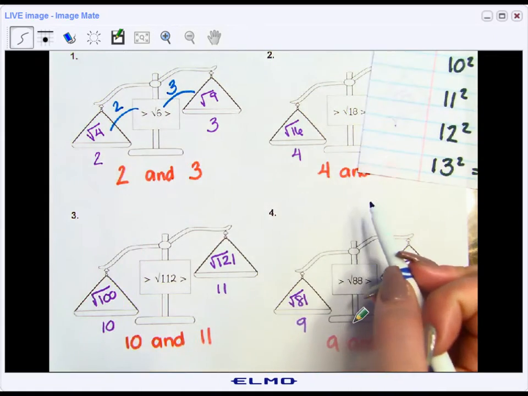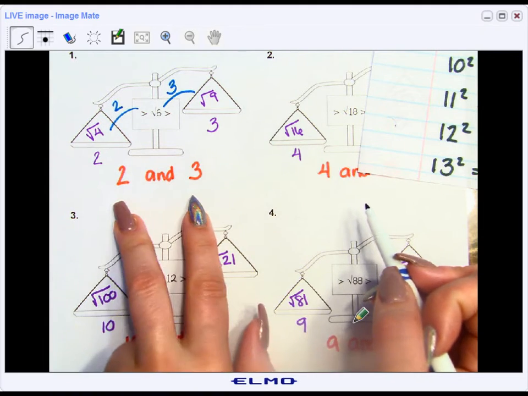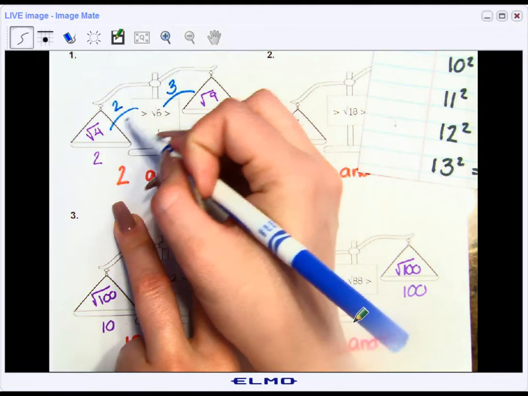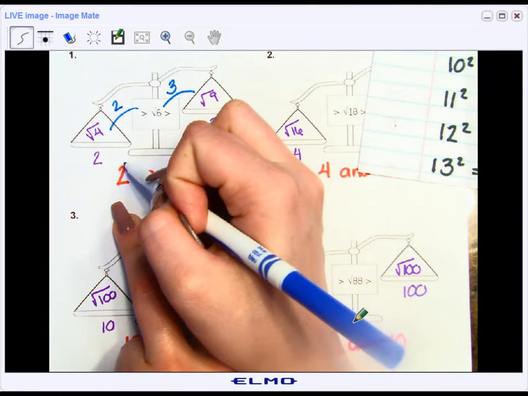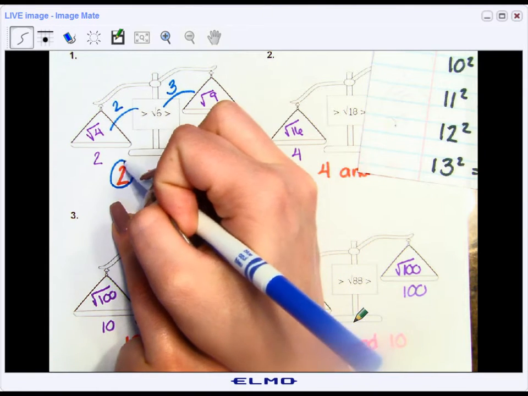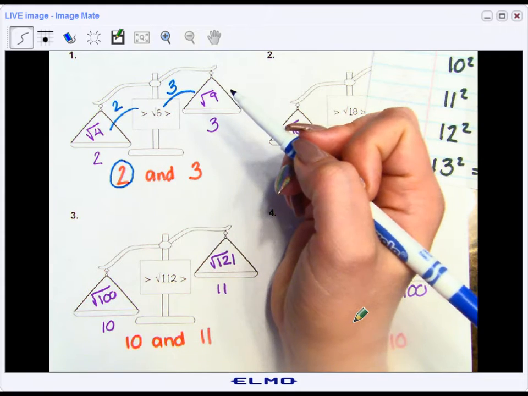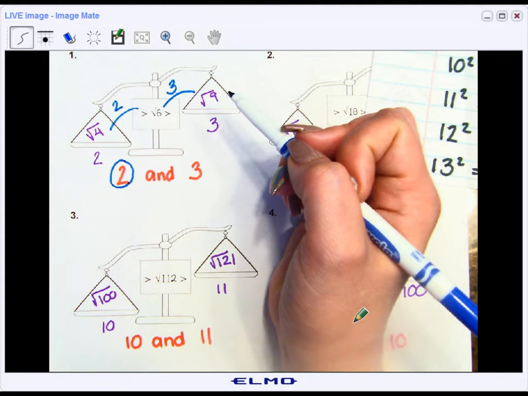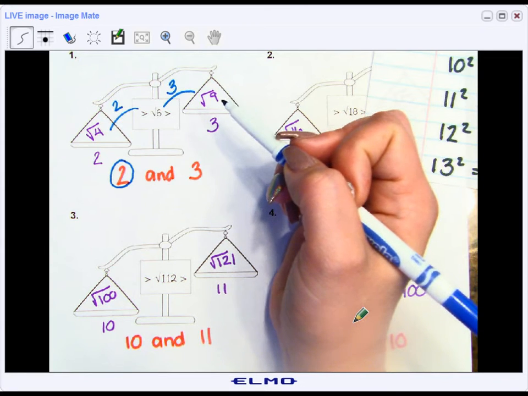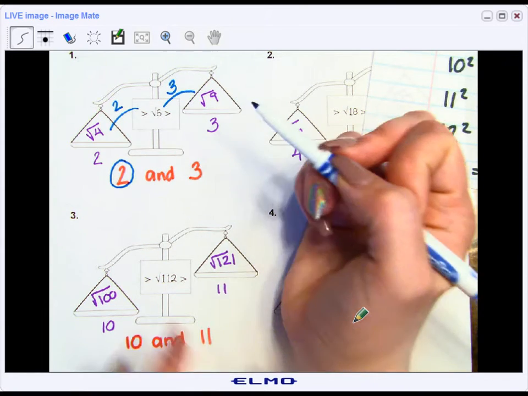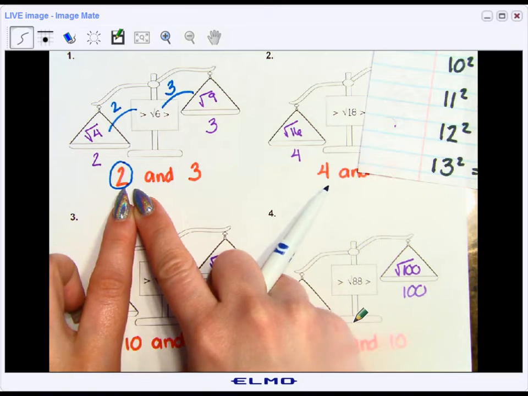So yes, it falls between the numbers 2 and 3, but because this difference or distance is smaller, the square root of 6 is closer to 2 than it would be to 3. So like 2.2, 2.3, 2.4, somewhere around those lines. It's not going to be like 2.8 because that would be closer to 3. So 2 is what it's going to be closer to.